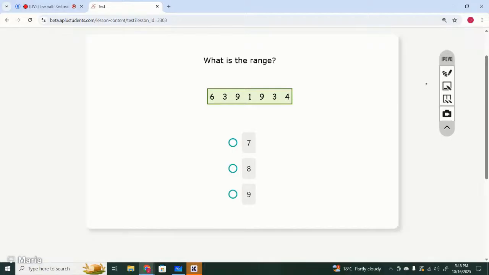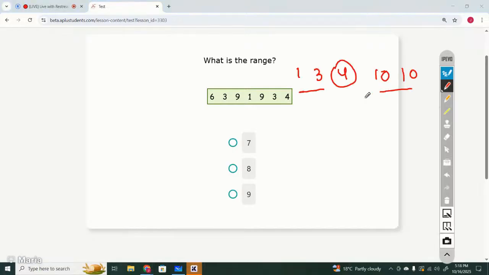What is the range? Range is the difference between the greatest and the least number in the given data. The greatest number is 9. The least number is 1. So 9 minus 1 is 8.